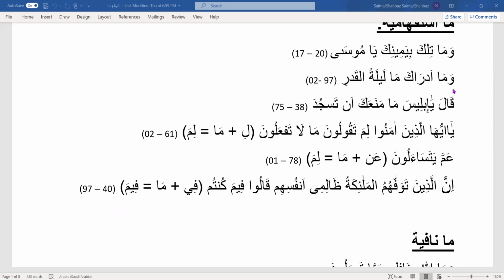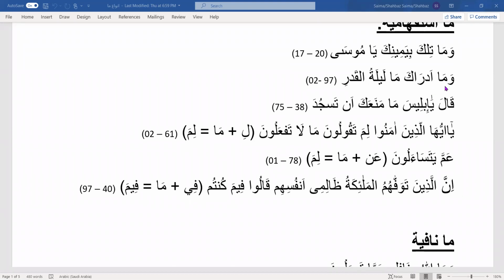Assalamu alaikum. Wa alaikum assalam. Wama adraka ma laylatul qadr. And what will make you understand what is the night of power?